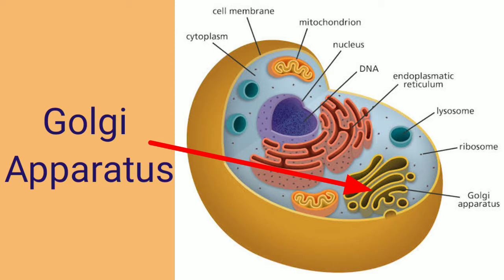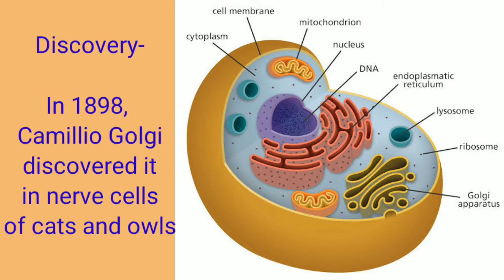The discovery of this structure was in the year 1898, when Italian histologist and Nobel laureate Camillo Golgi, while investigating the nervous system, that is the nerve cells of owls and cats, discovered a structure in a reticular form, and that is how this subcellular interreticular system was called the Golgi apparatus or the Golgi complex, after the name of the scientist who discovered it for the first time.